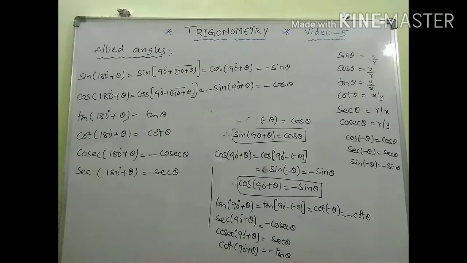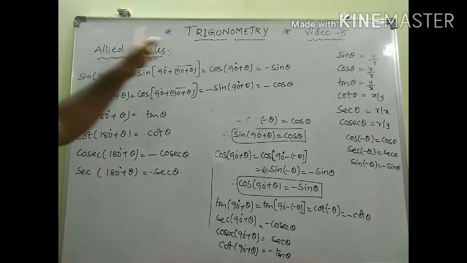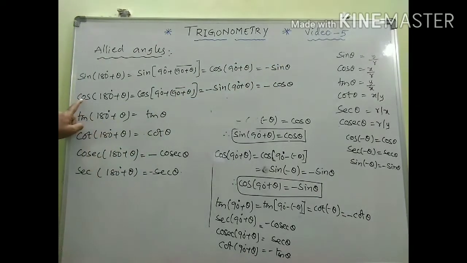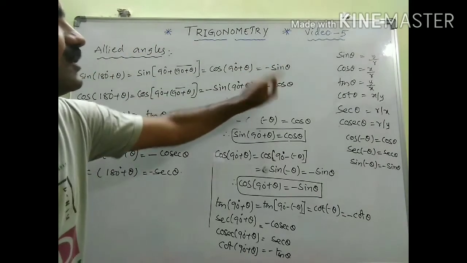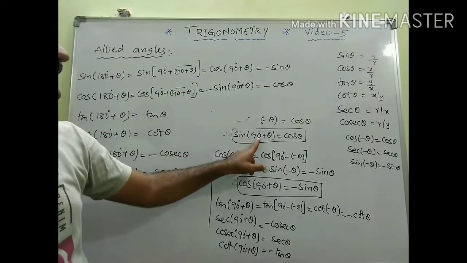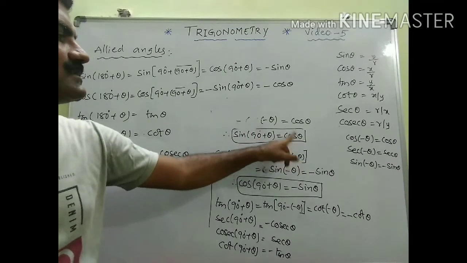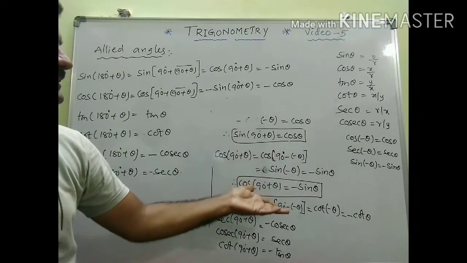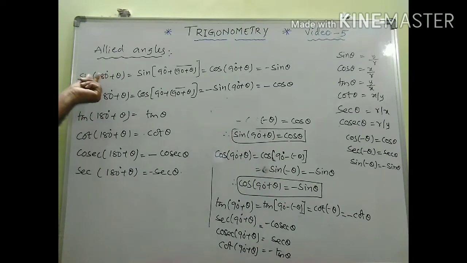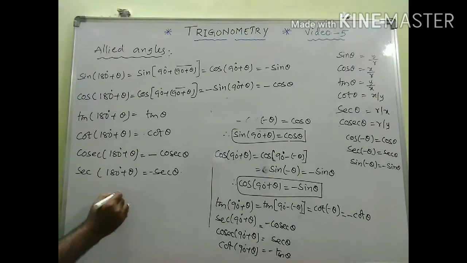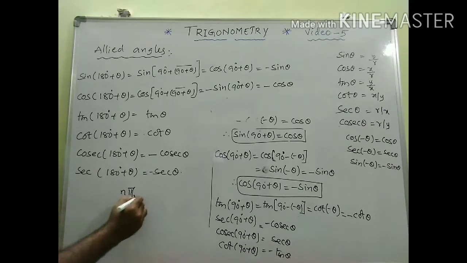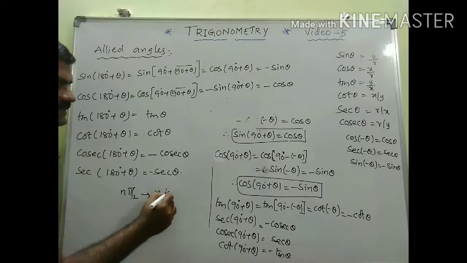So please observe that here in case of 180, sine and output is also sine. If it is cos, output is also cos. But in case of 90, sine changes into cos, cos changes into sine, etc. But if it is 180, this is now an even multiple of pi by 2. N pi by 2, that is an even multiple of pi by 2, n is even. Earlier it was n is odd.